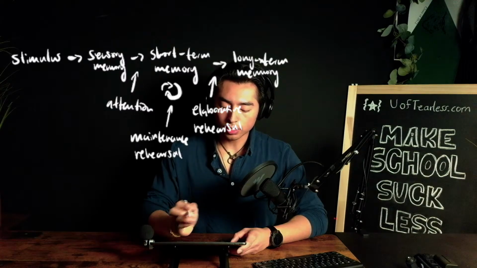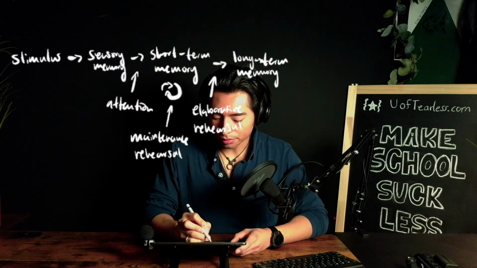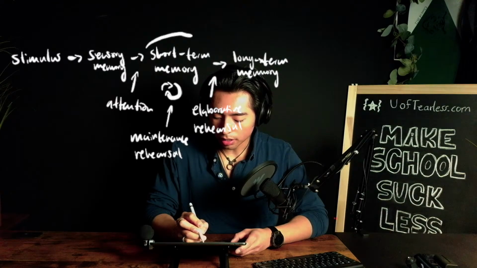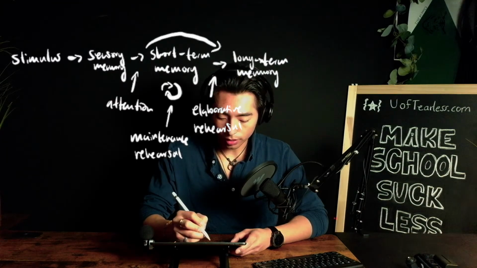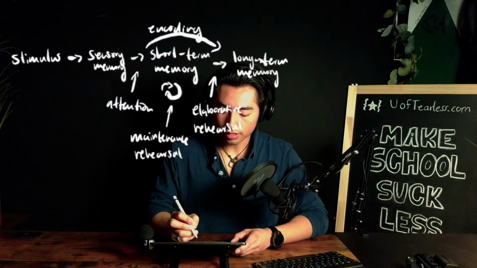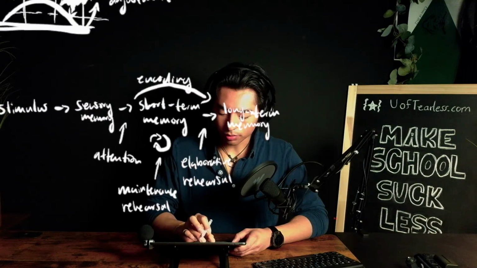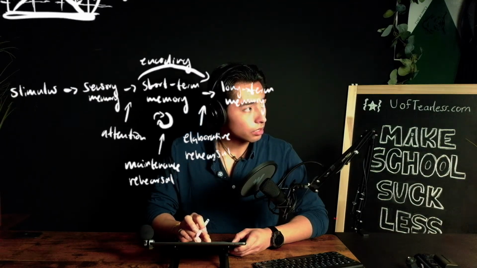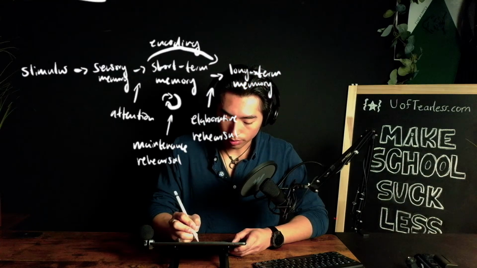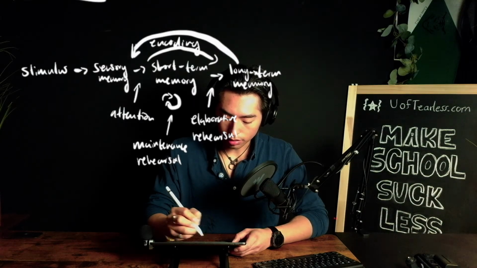But there's two processes. So the process of taking information in short-term memory into long-term memory, this part is called encoding. And the retrieval of the long-term memory back into conscious attention, so moving this back here, that is called retrieval.